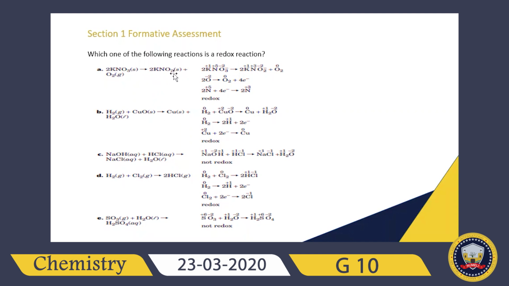So 2 multiplied by -2 is -4, plus the oxidation number of potassium, which is 1, gives -3, and it goes to the other side. So the oxidation number of nitrogen in this case will be equal to 3. So now potassium is 1, nitrogen is positive 3, and oxygen is -2.